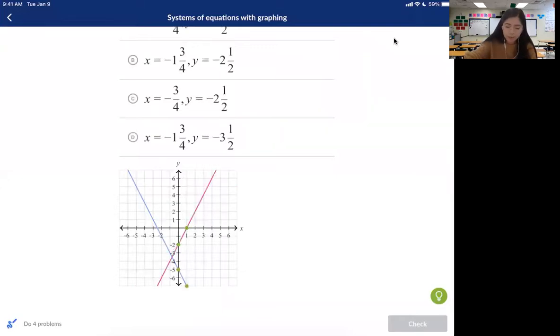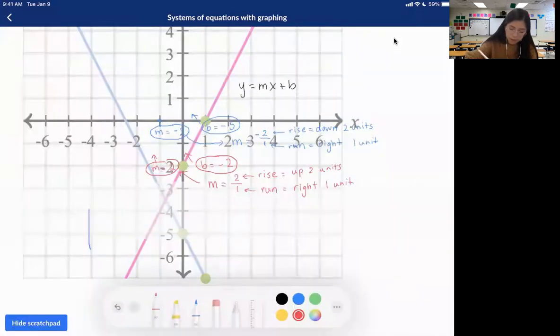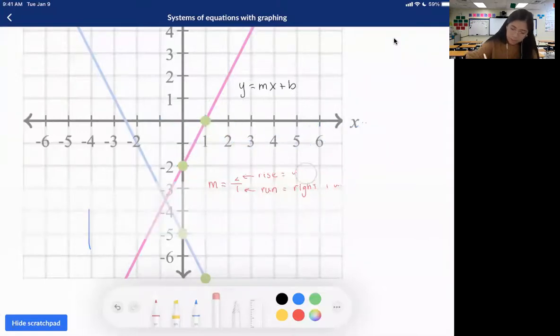There is my graph, and let me zoom in a little bit, and my solution, let me erase all of this, hold up 1 second. Okay, my solution is right over there, which looks like we're going to kind of have to estimate it a little bit.